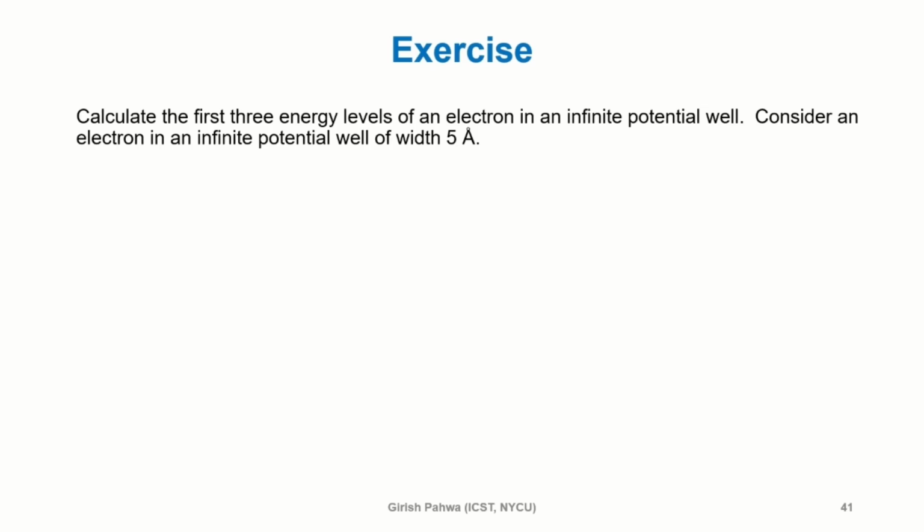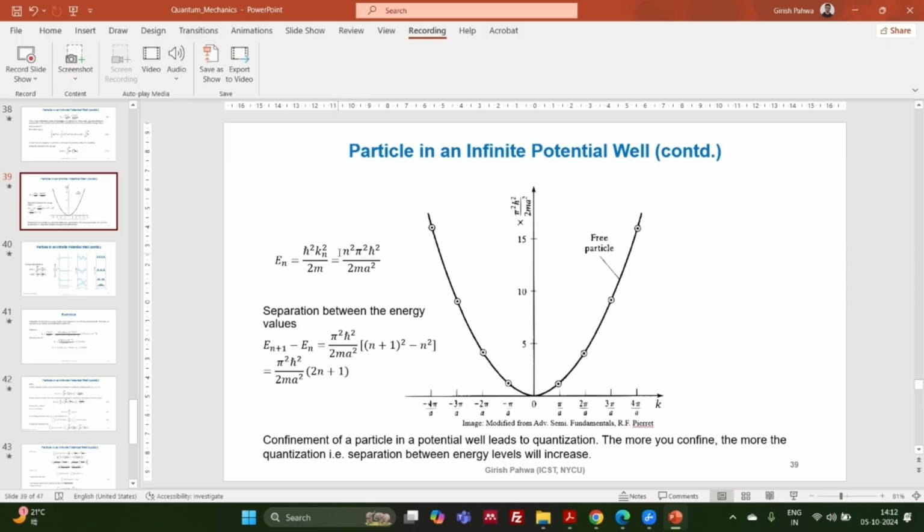I just want to give you an impression of the order of these energies. Calculate it for an electron. What is the mass of an electron? 9.1 times 10 to the power minus 31 kilograms. Please do it. The energy is n square pi square h bar square by 2 m a square.